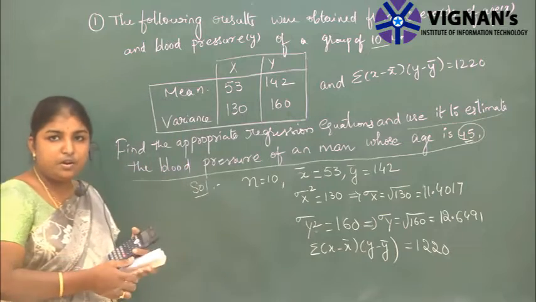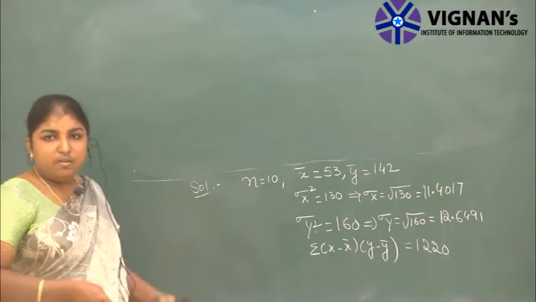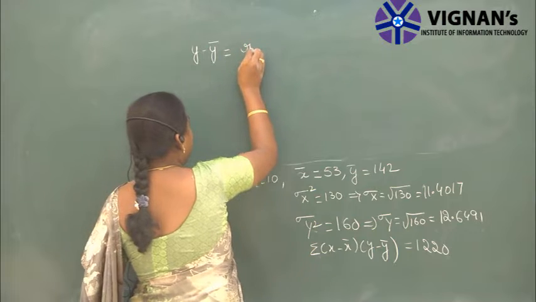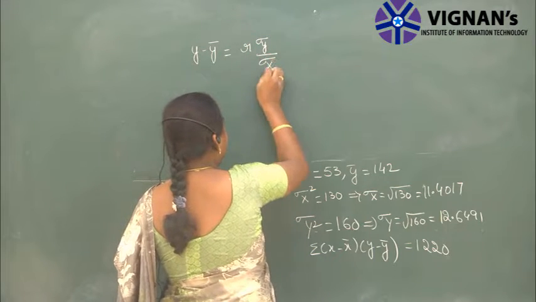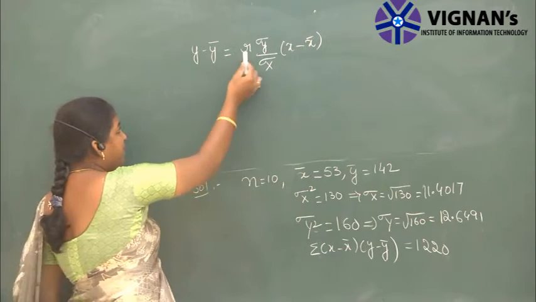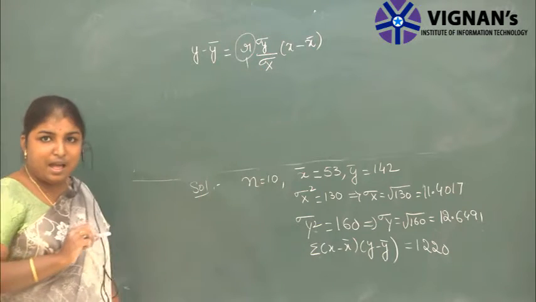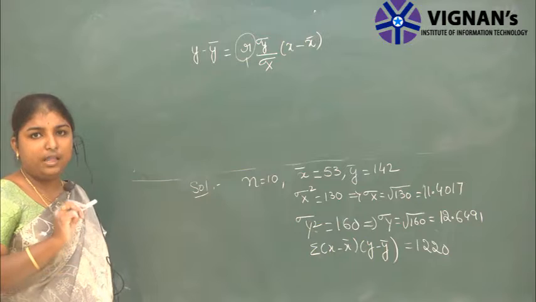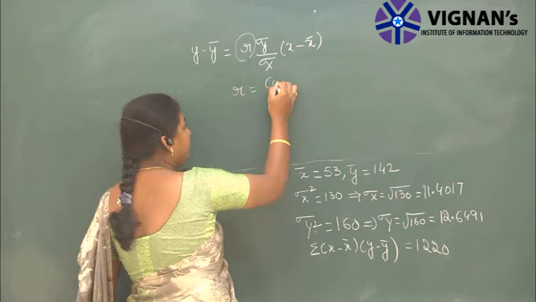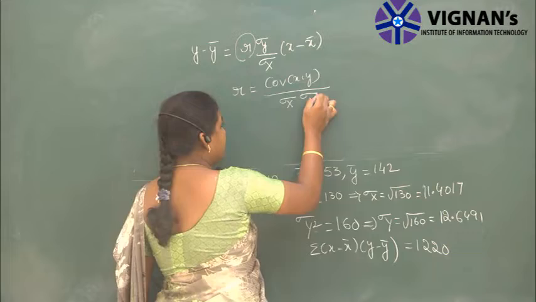So now, using the given data, we have to find the regression line y on x. The y on x regression line can be written as y minus y bar is equal to r into sigma y by sigma x into x minus x bar. We know all the values, y bar, sigma x, sigma y, x bar, but we don't know the value of r. Here r is the correlation coefficient. So r is equal to covariance of xy by sigma x into sigma y.